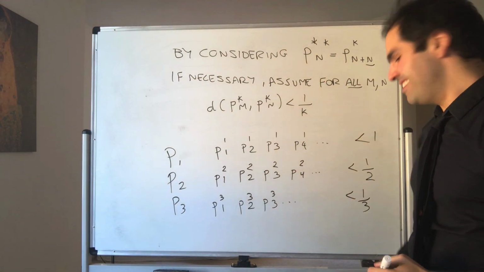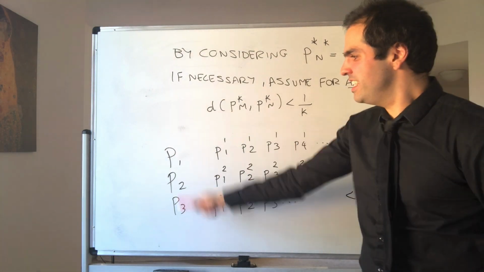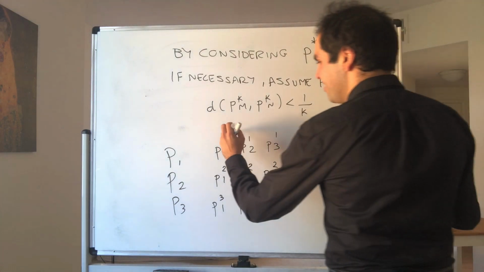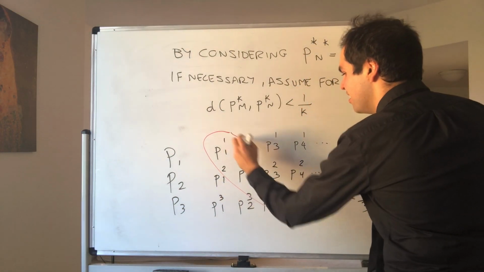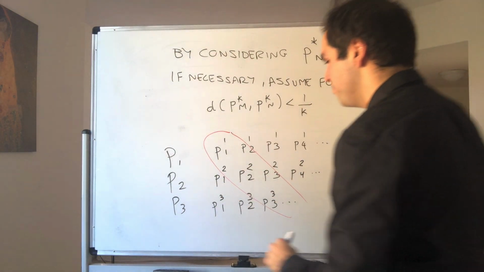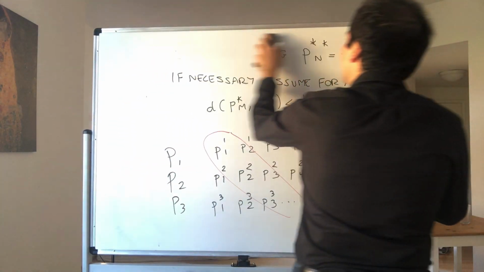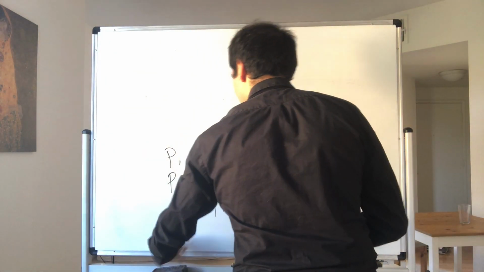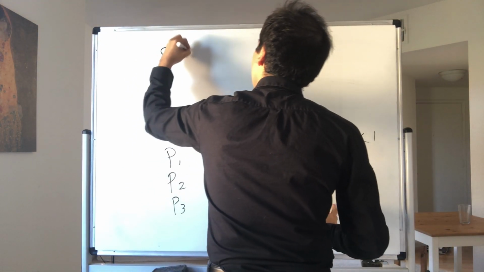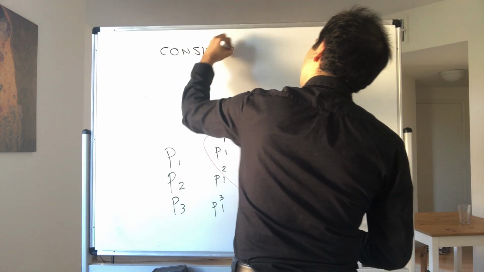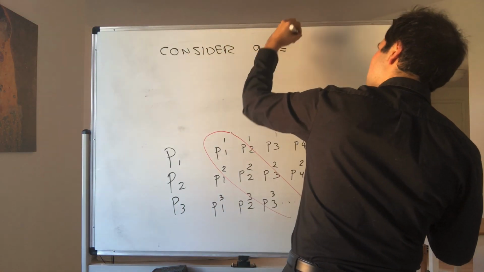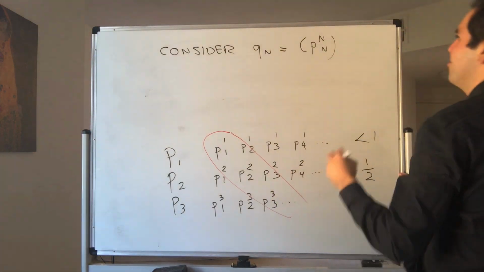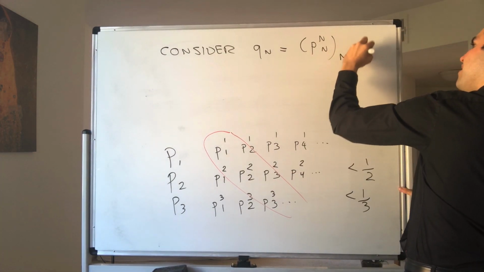And maybe you might see where this is going. Remember, we need to find a limit of the P_k's. Well, just consider the diagonal sequence. Let Q_n be the sequence P_nn.